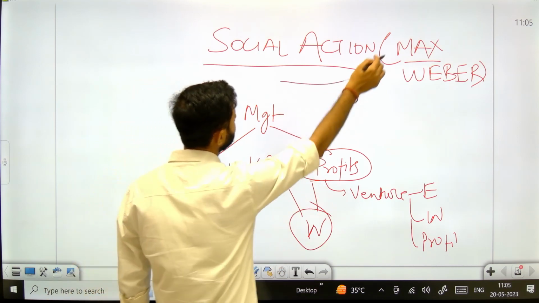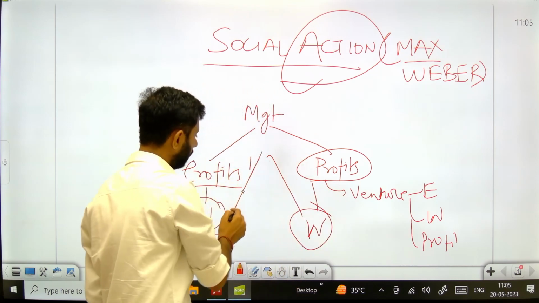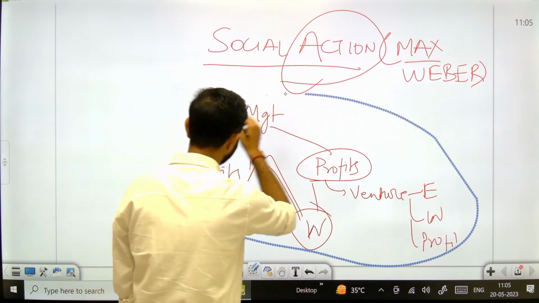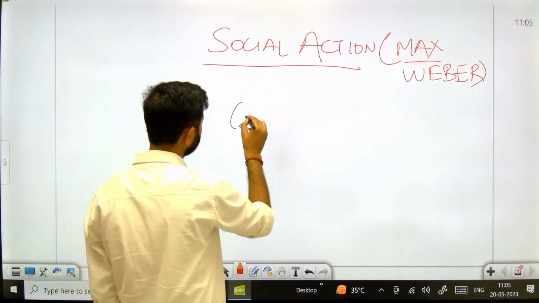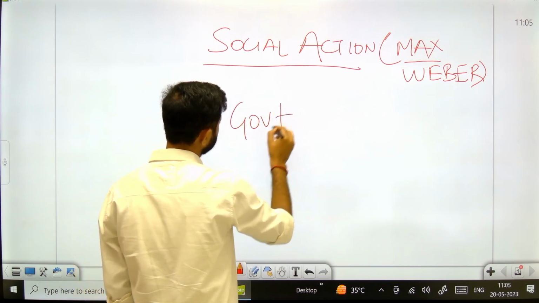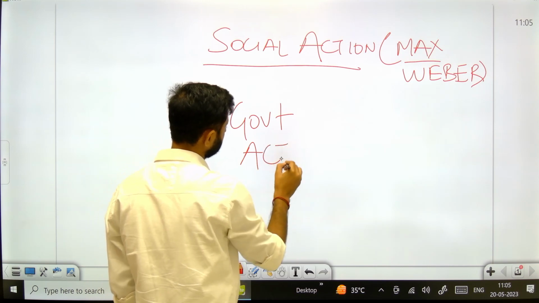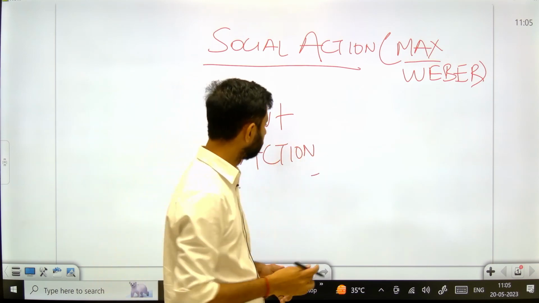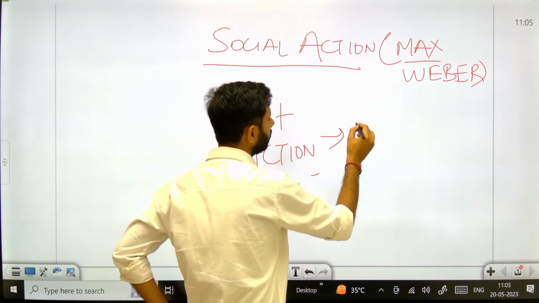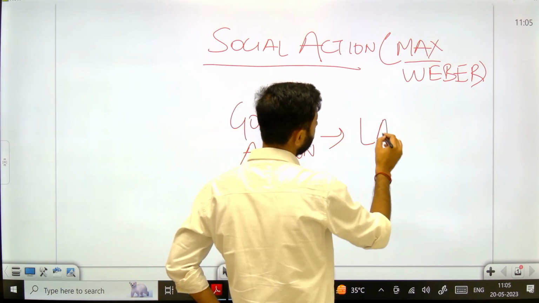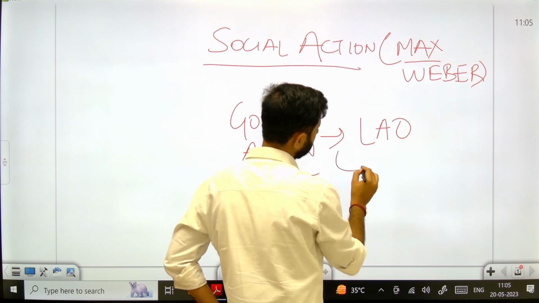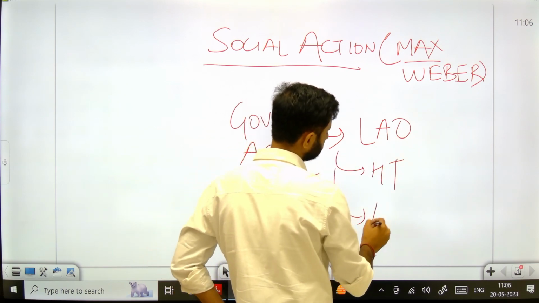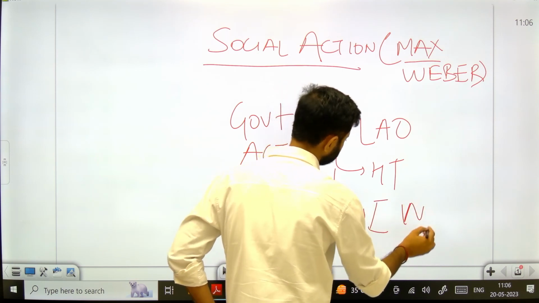So actions are based on motivations. You get this? Similarly, even the government's action is based on its interest in law and order, higher taxes, and citizens' welfare.